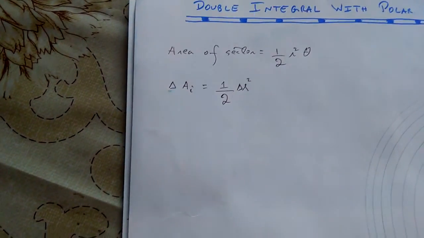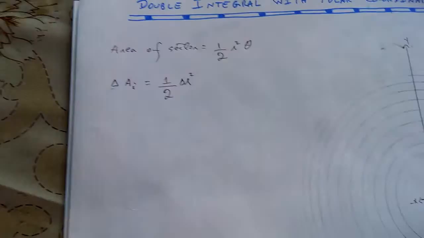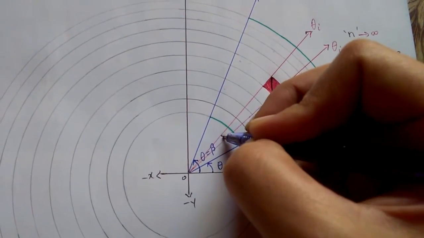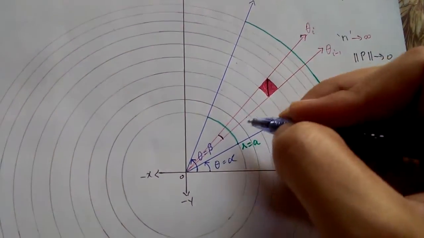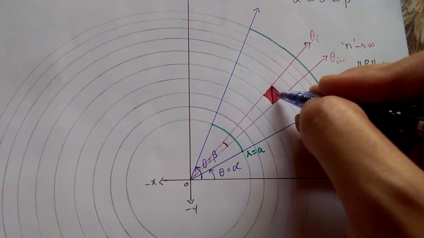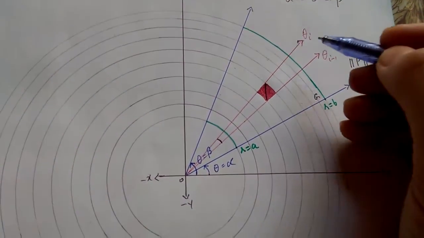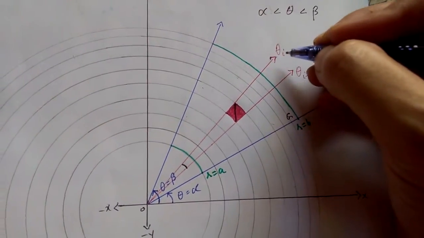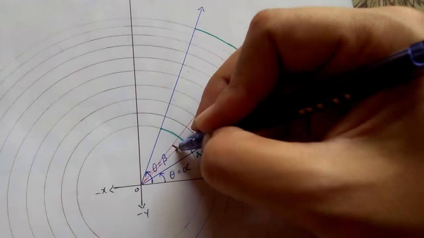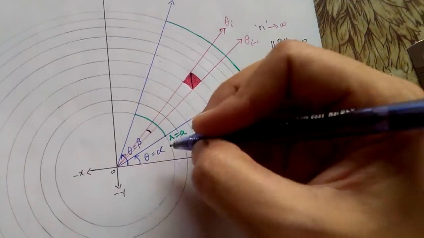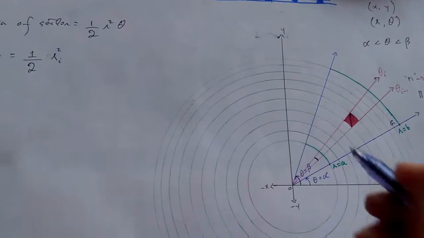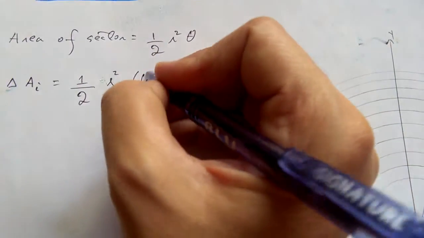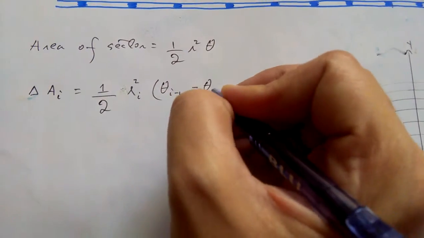So how are we getting del theta i and all that? We have to find this angle, which is the angle of this sector. We obtain it by subtracting this small angle from this big angle. So we write the angle of this sector as theta i minus theta i minus 1.